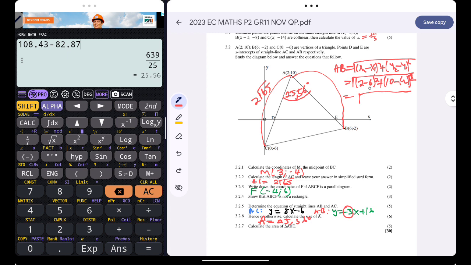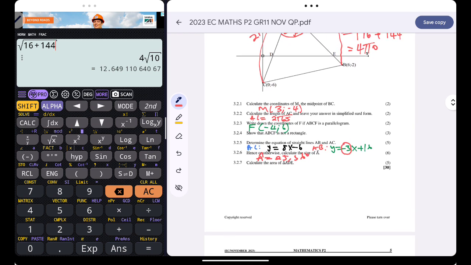So I'll have 2 minus 6 is negative 4 all squared is 16 plus 10 minus a negative 2 is 12. 12 squared is 144. So 144 plus 16, this is 4 root 10, right?